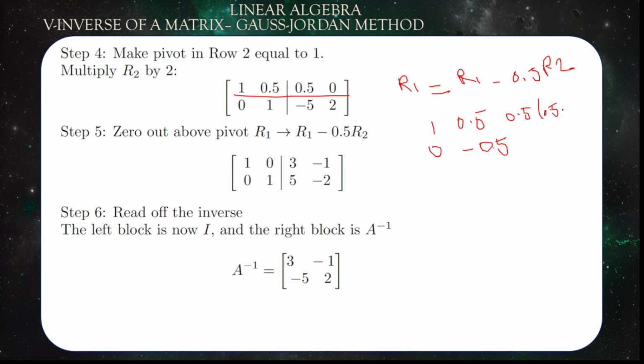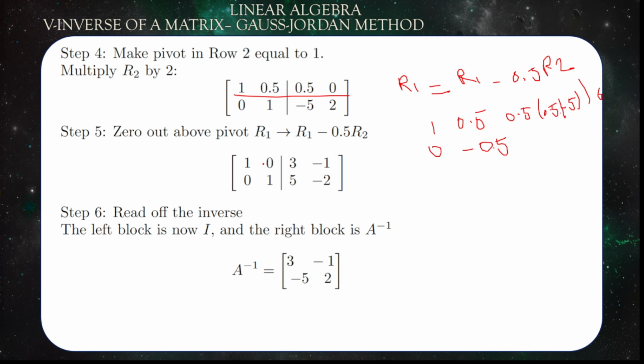Then finally, 0 minus 0.5 times 2, which is minus 1.